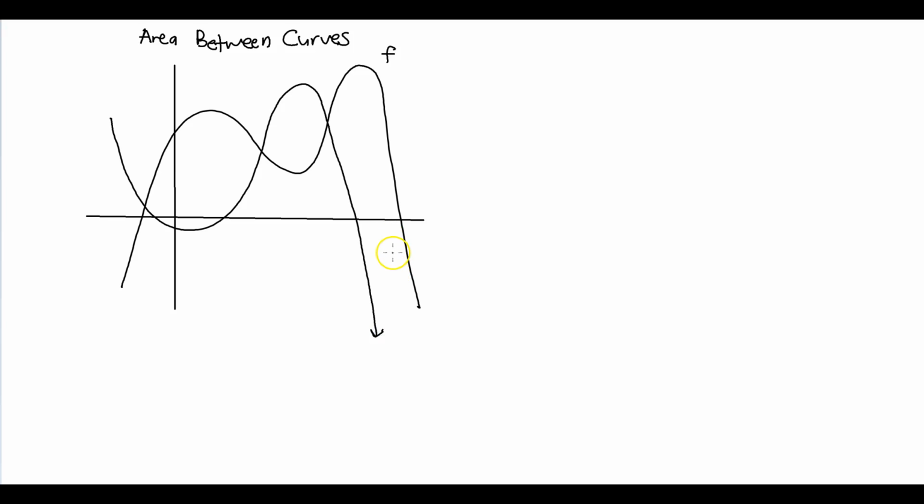So we have f and we have g. And we have ourselves two regions. We have this region and this region.